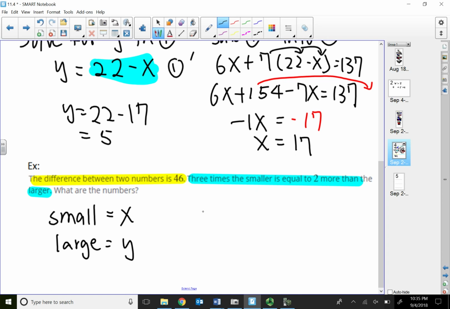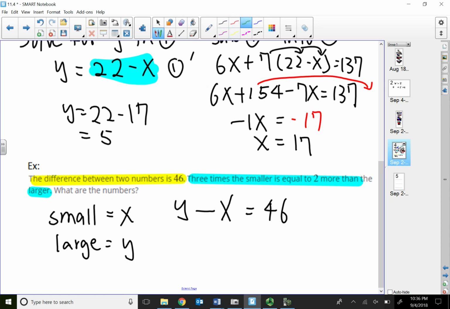The difference means subtraction between these two numbers is 46. Oh, hold on. If I put x right here, y right here, and my answer is equal to 46, which is a positive number, then if this answer is positive after I subtract, that indicates the first one is bigger. Since I called y the large number, I need to put the y at the beginning. It's the large minus the small is equal to positive 46.